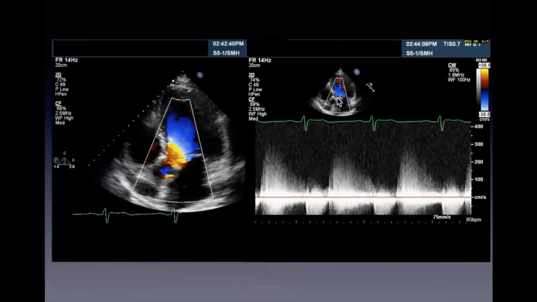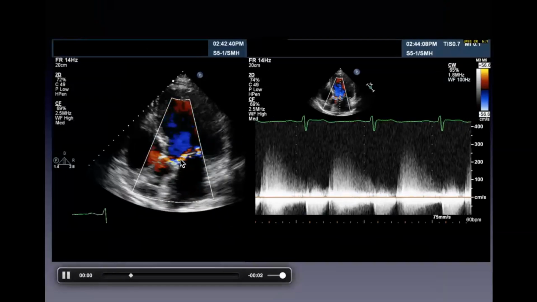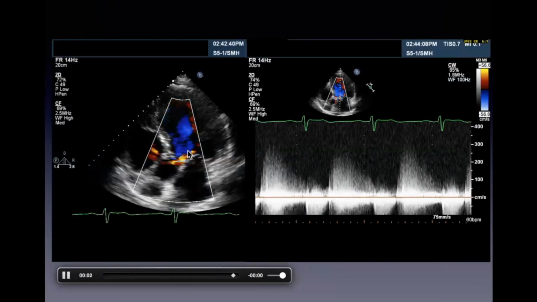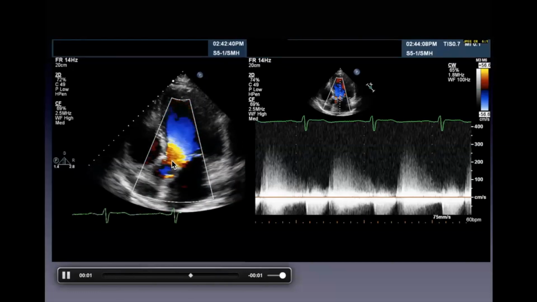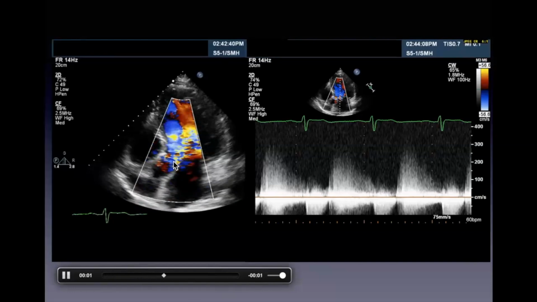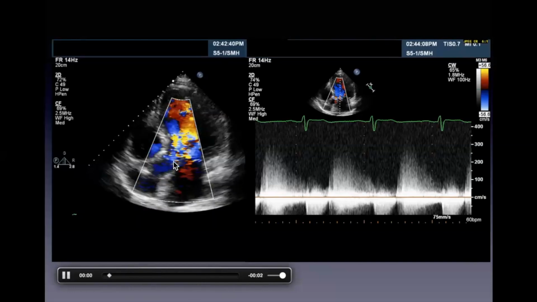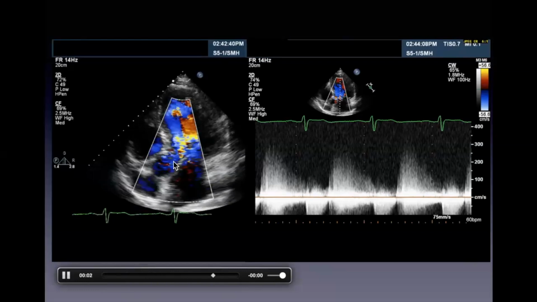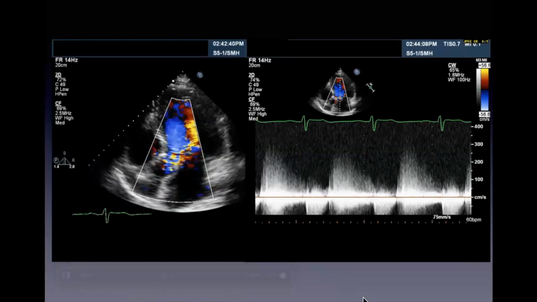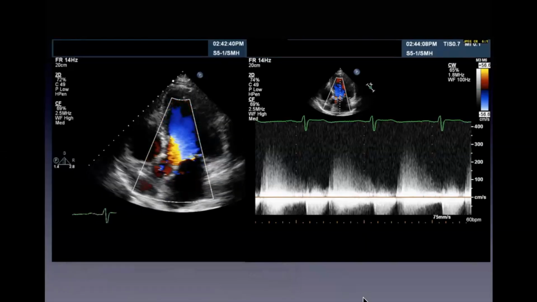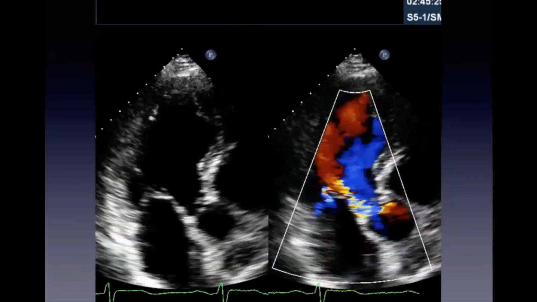It's more across the LV, and that's done to try and pick up the jet as it becomes more parallel to flow. Because if you move the transducer to where the AI jet originates, it's more perpendicular to flow, and you're probably not going to pick up a lot of signal. Obviously for Doppler measurements, you have to be as parallel to flow as possible. So here it looks fairly incomplete, so the AI pressure half-time may not be accurate here. Here's the apical 3 chamber.